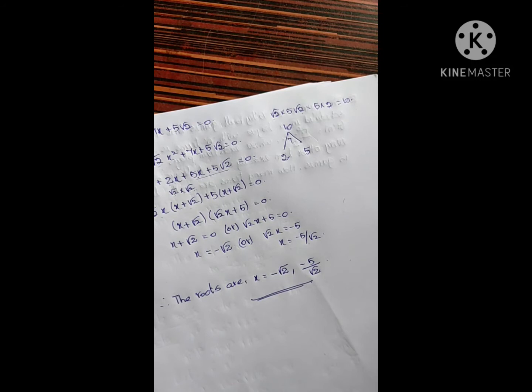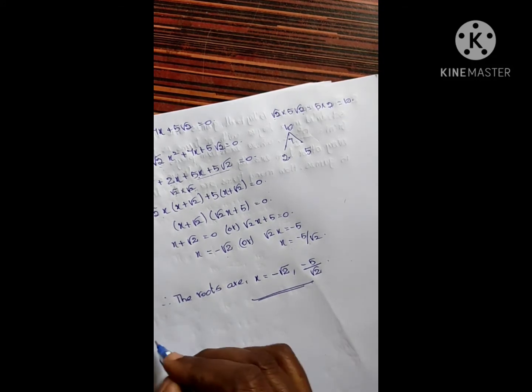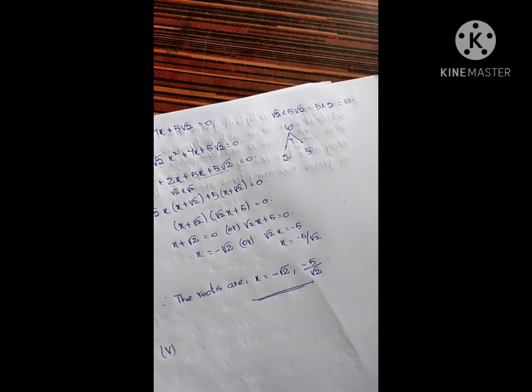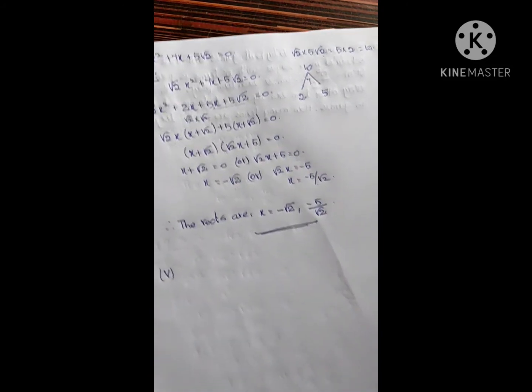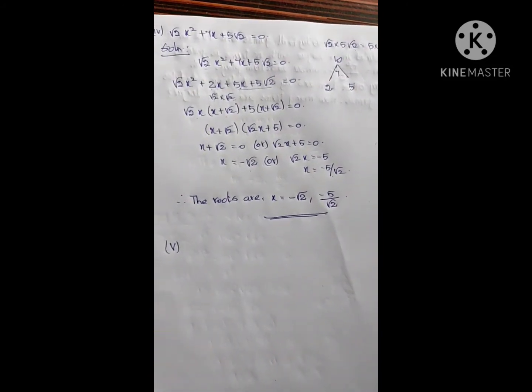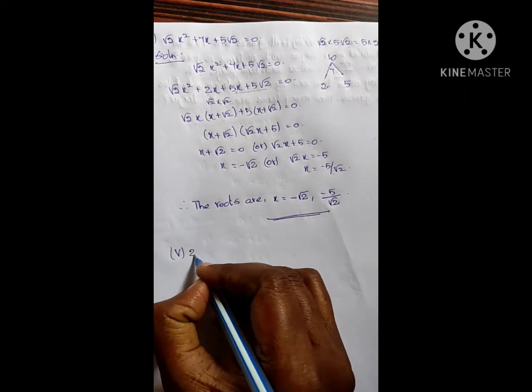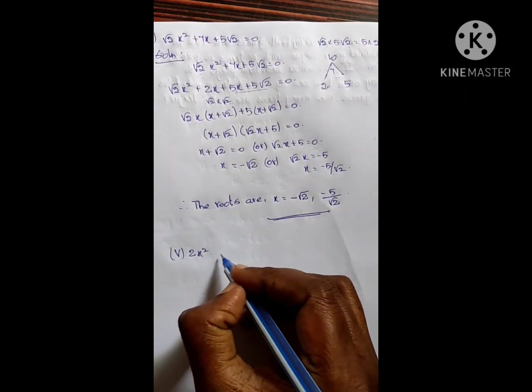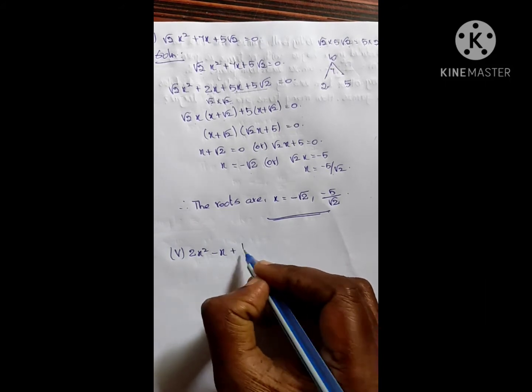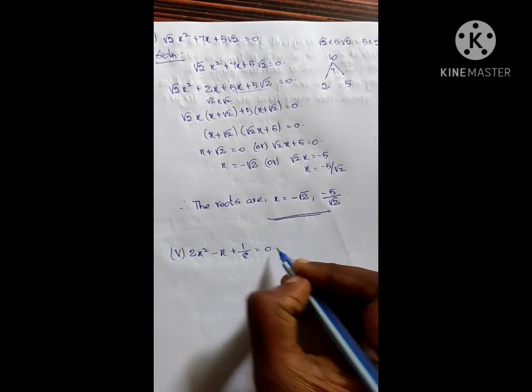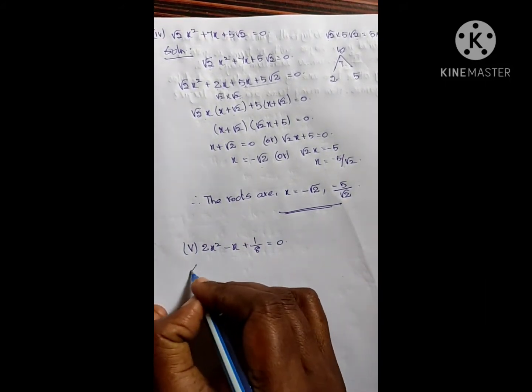Now the fifth question. Fifth question is 2x² - x + 1/8 = 0.